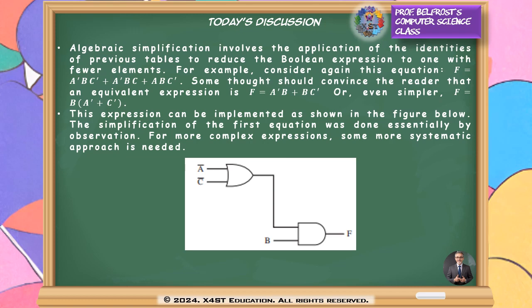This can be shortened or simplified to a' b plus b c'. How do we get there? To convert these two equations, do you have any idea?